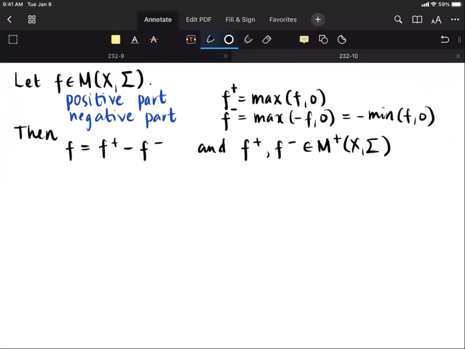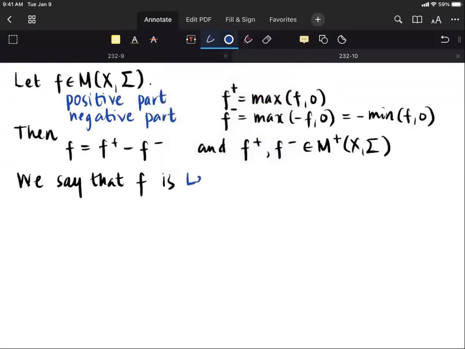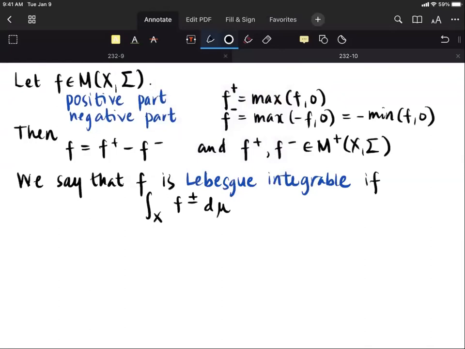So we say that f is Lebesgue integrable if the Lebesgue integrals of the positive and negative parts, viewed as non-negative measurable functions, are finite.